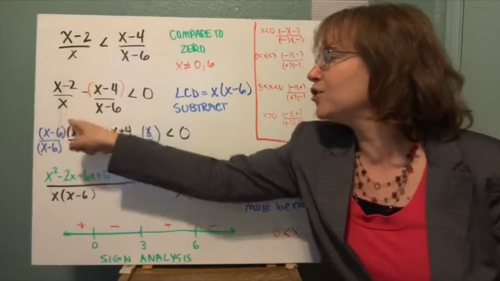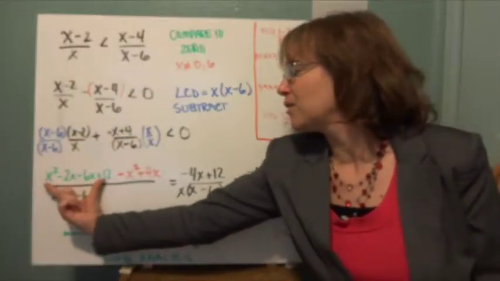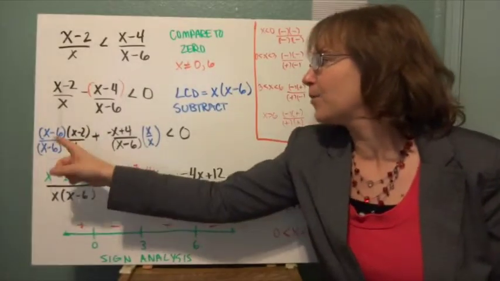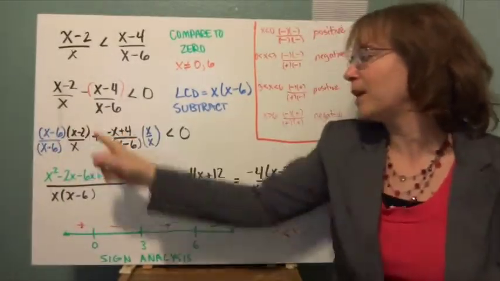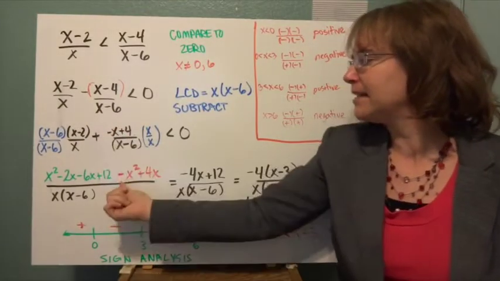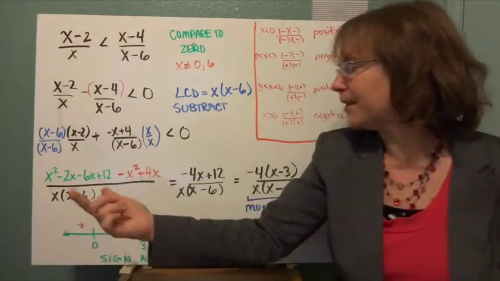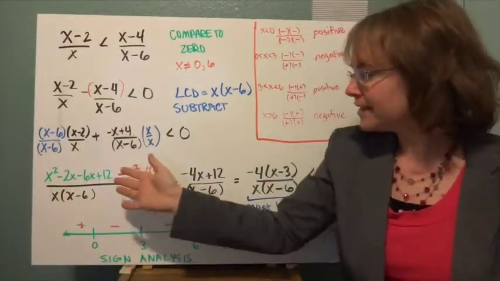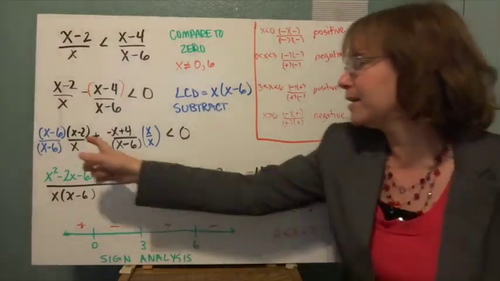I can go ahead and distribute this, and I get this expression right here. So I have x squared minus 2x minus 6x plus 12. And right here I do the same thing, distribute this x minus x squared plus 4x, and that's all over my common denominator. Well, simplifying this up a little bit, combining like terms, the x squareds cancel.